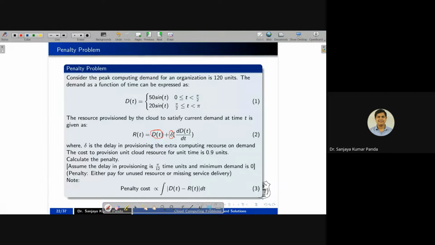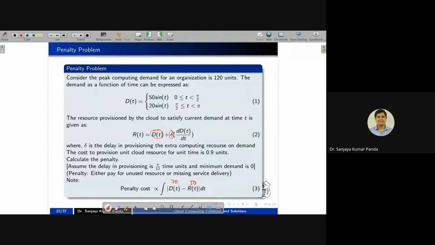Note that penalty is calculated as the difference between the demand and the resource. If you know the demand and the resource, for example, demand is 70, resource is 50, you can easily say what the penalty cost is.